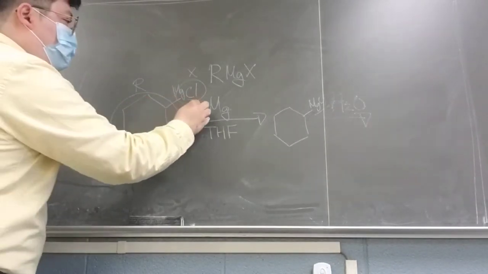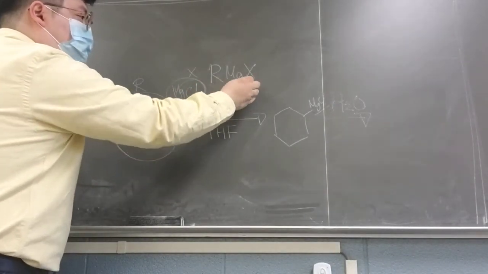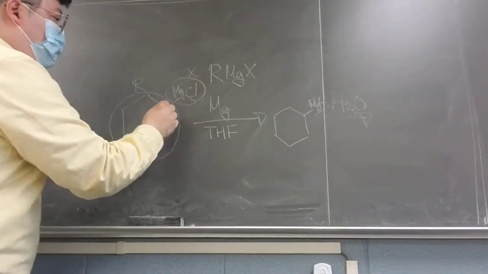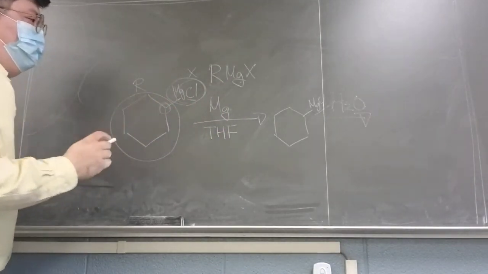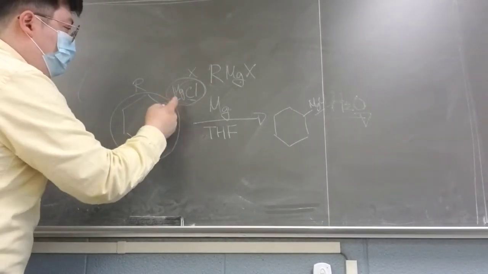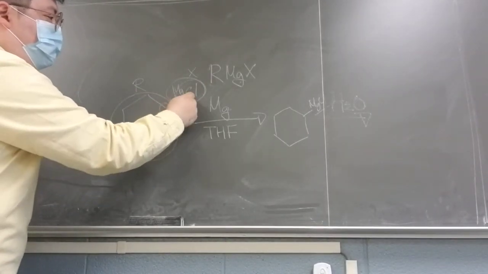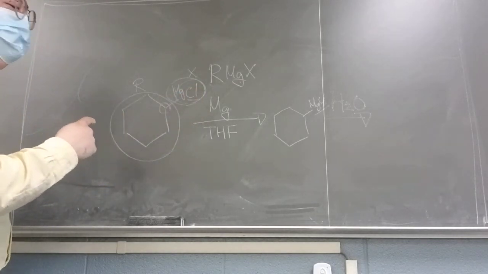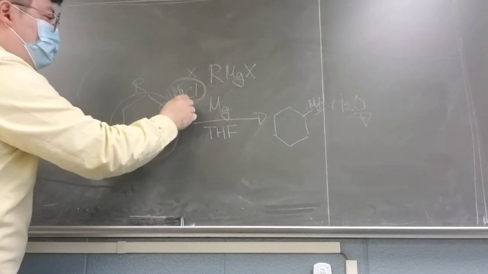What this does is this carbon in the R-magnesium-X form becomes electron richer, because it's now not bonded to the electronegative halogen but to a metal.